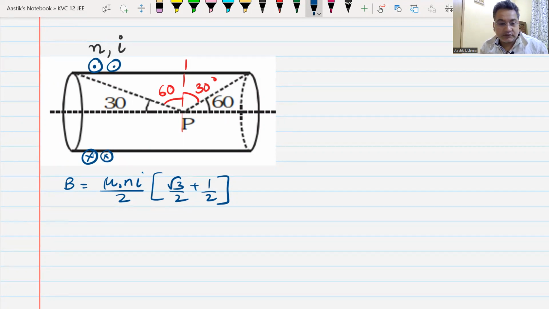No one knows the answer. What will be the direction of magnetic field? Boys, girls, no one knows the answer.